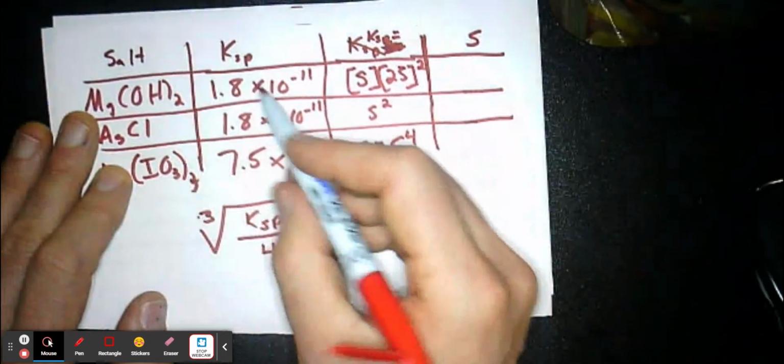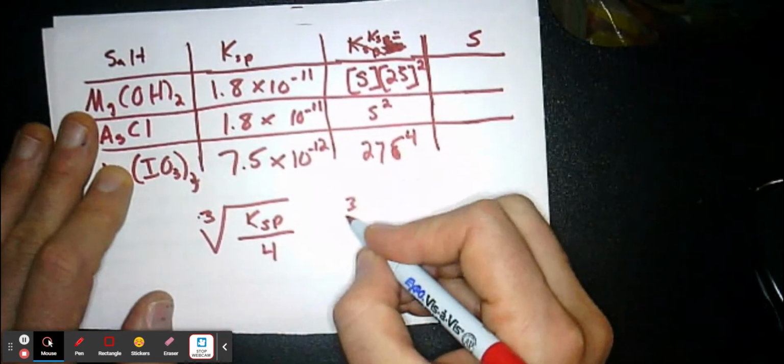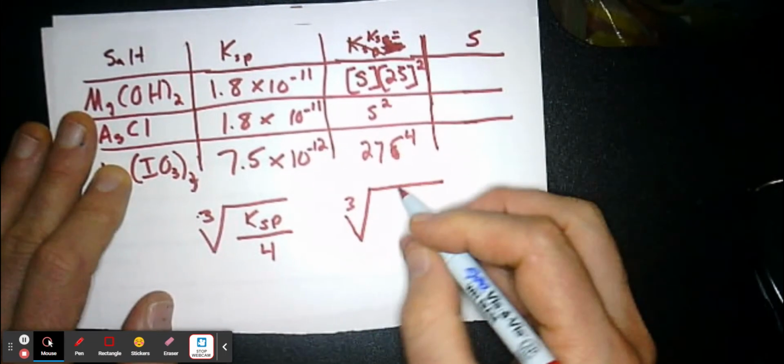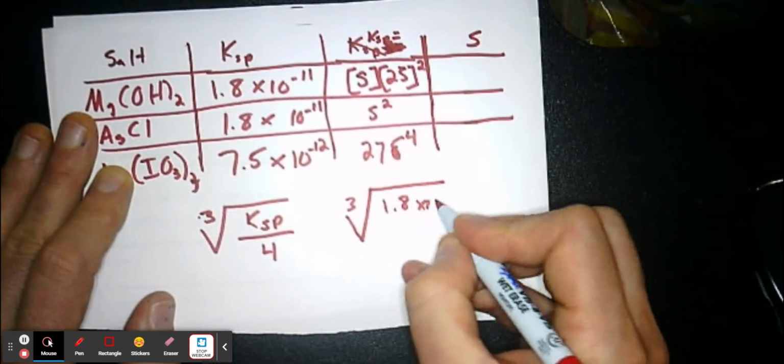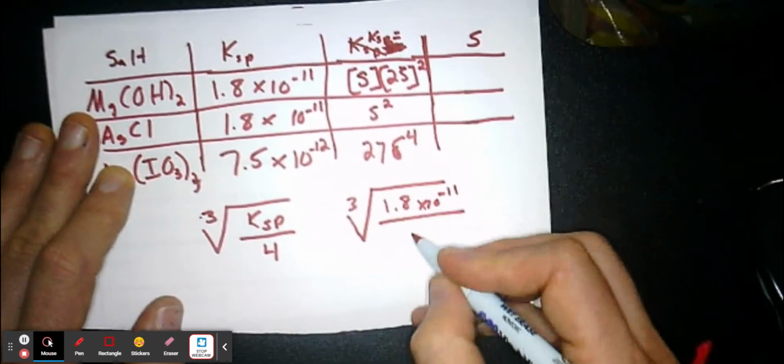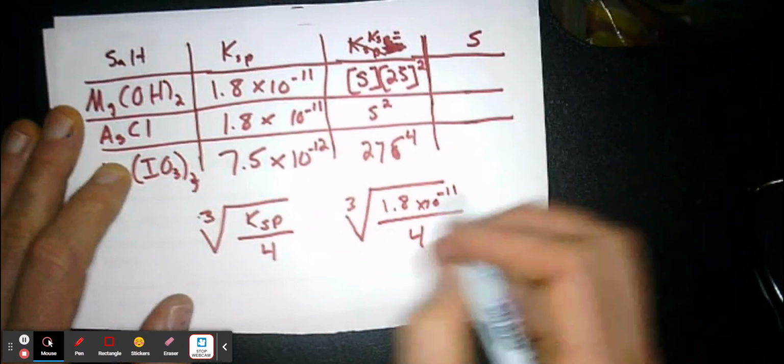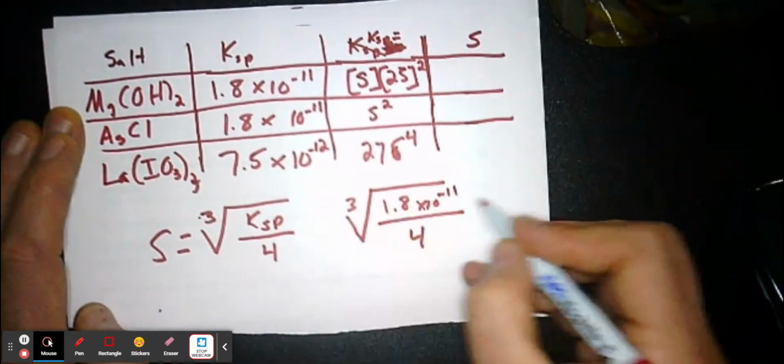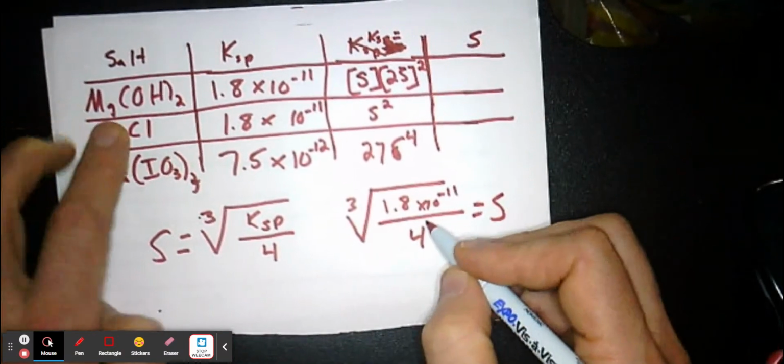So I'm going to plug this in. The cube root of 1.8 times 10 to the negative 11th divided by 4. This equals S. This equals my molar solubility of magnesium hydroxide.